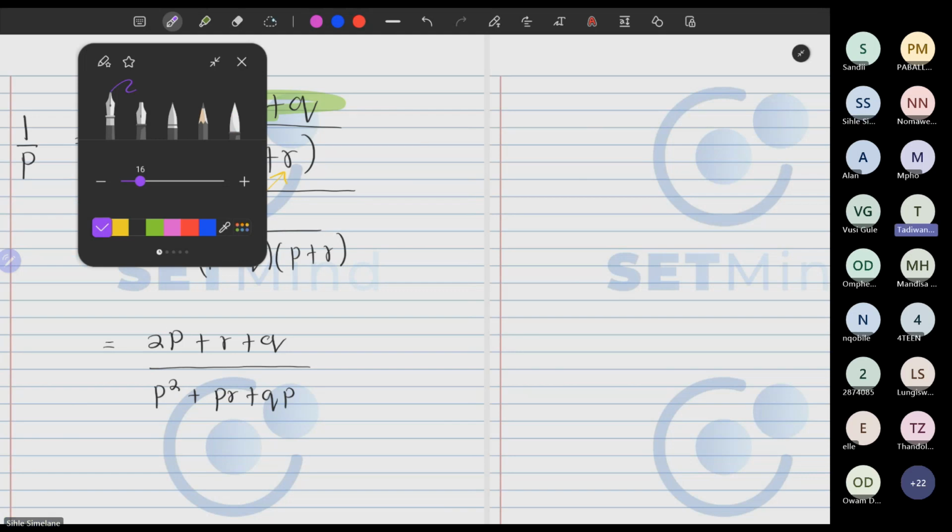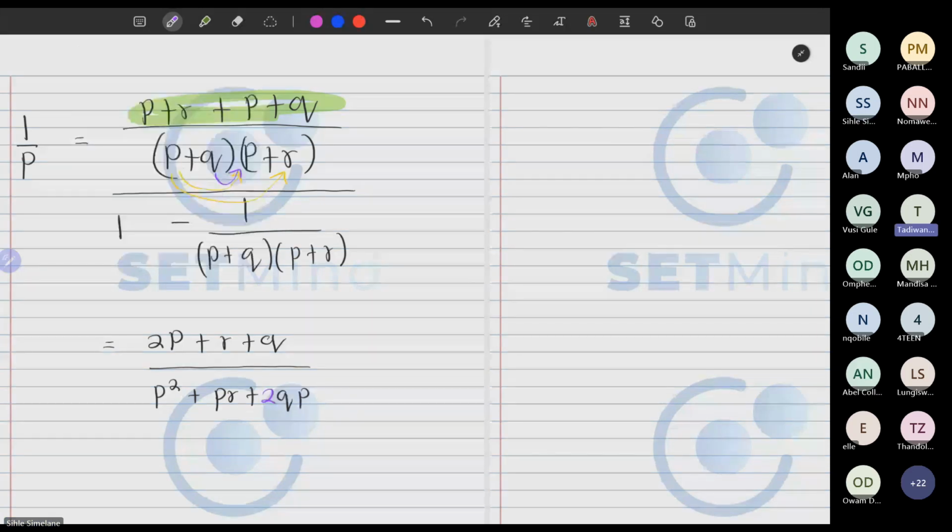Yes. So don't you think it's wiser to maintain the brackets until the final answer? Because when I'm doing it here, the P squared plus PR plus 2QP, they cancel with the other one. And then you can open at the end.